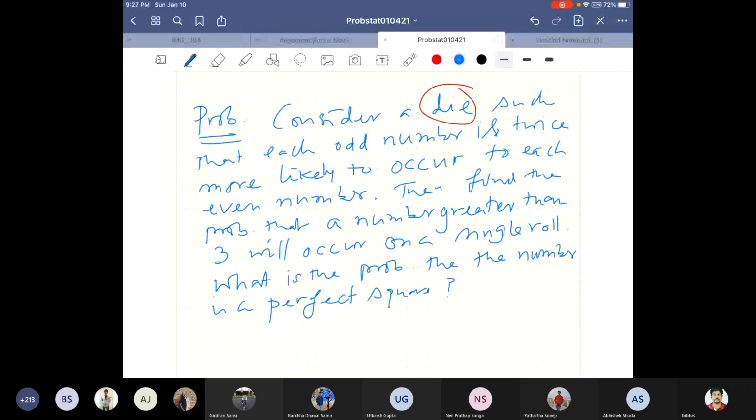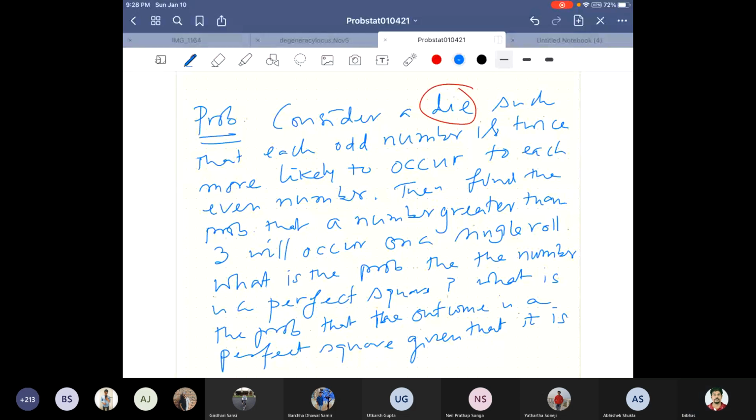And then let me ask, what is the probability that the outcome is a perfect square, given that it is greater than 3?